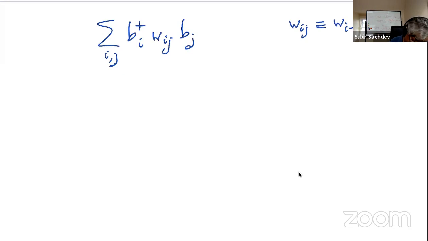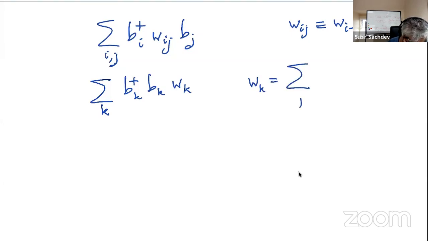So this means that when you take a Fourier transform, you can write this as a sum over k of b dagger k, b k times W of k. W of k is just the Fourier transform, a sum over j of W of i minus j times e to the i k dot (R_i minus R_j).